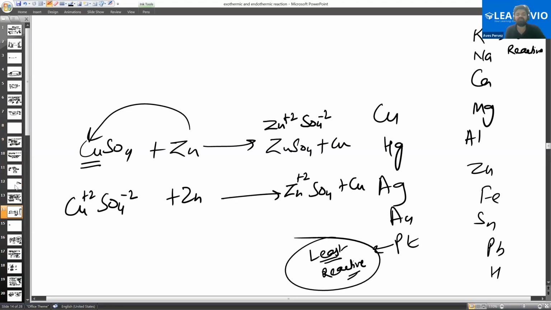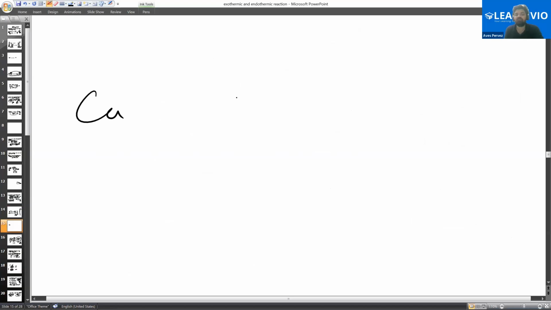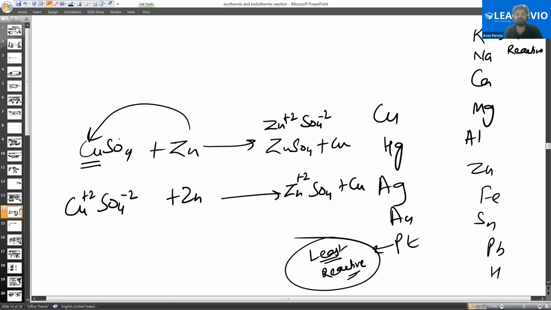So how can an element become Zn2+? When it donates its 2 electrons. Zn to Zn2+ is only possible when Zn loses 2 of its electrons. And here, this is copper, which is Cu2+, but it has become copper solid, Cu solid.